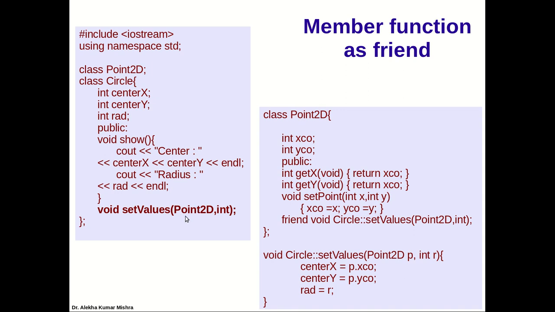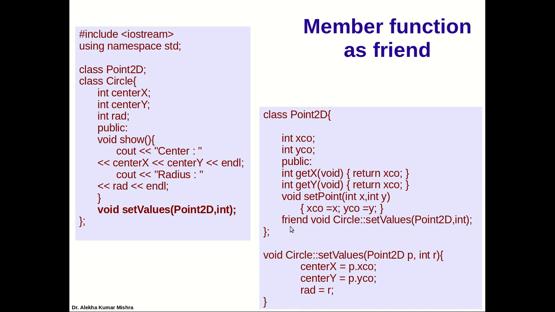That's why I have to make this particular function a friend of the class Point2D, so that it can access the x coordinate and y coordinate of an object of Point2D type. Then in Point2D we simply define setPoint, getPoint, getXValue, getYValue, that's it.